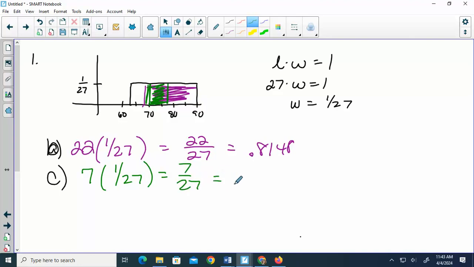So we get 7 over 27, or 0.259. So uniform is the same probability throughout. Does that make sense to everyone?